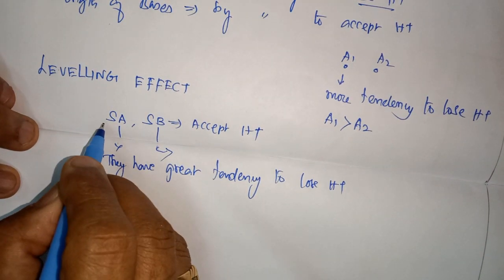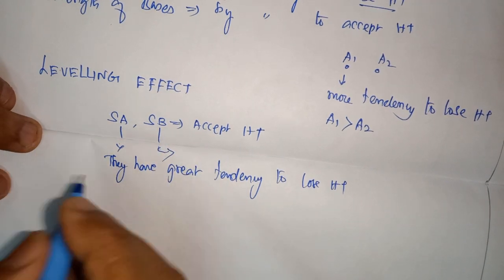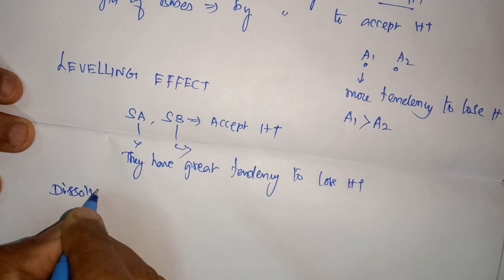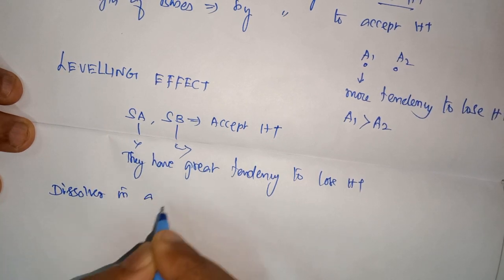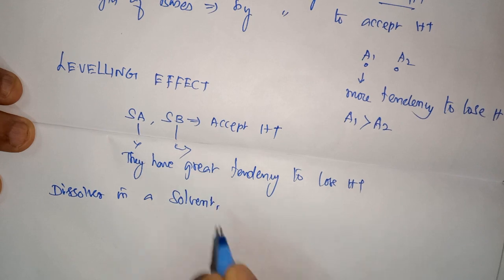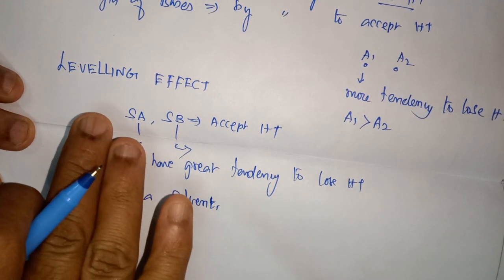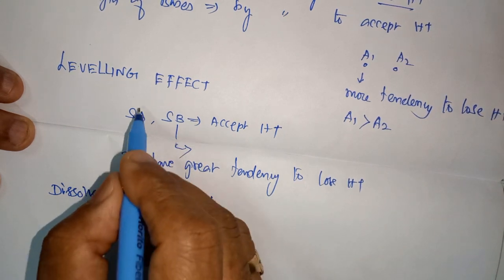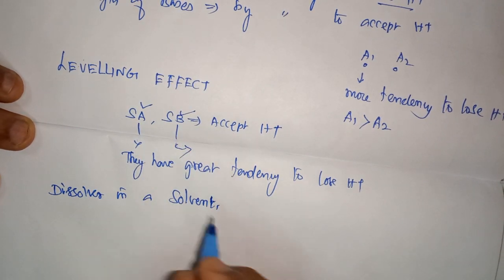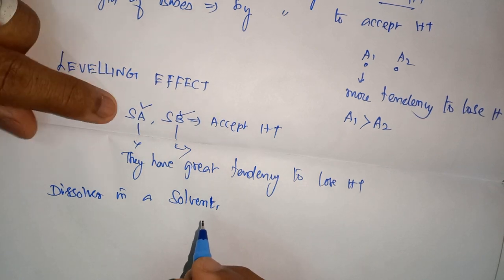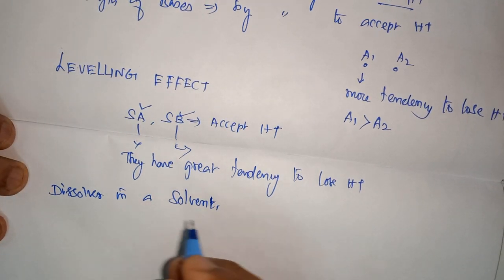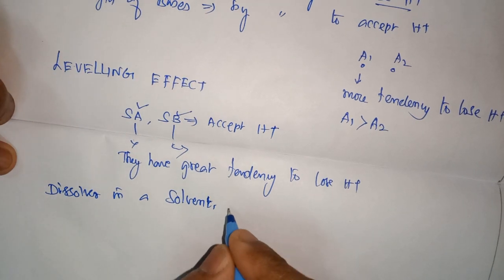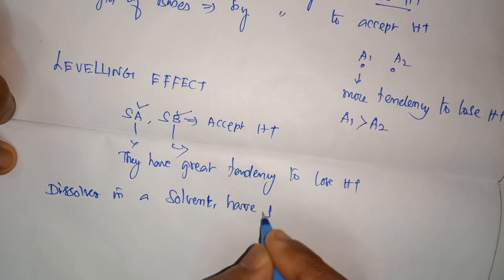I take strong acids and strong bases and I dissolve them in a solvent. After dissolving the strong acids and strong bases in a solvent, all the strong acids as well as strong bases have the same strength.